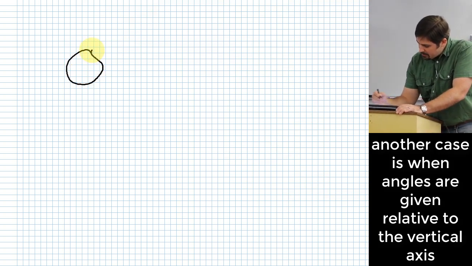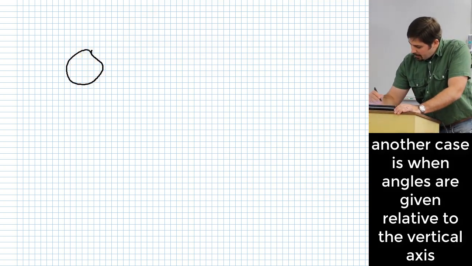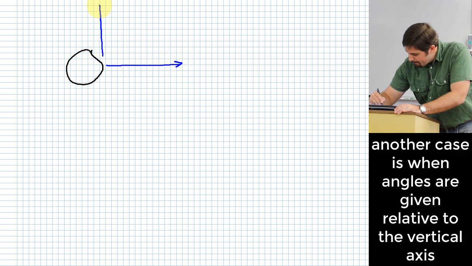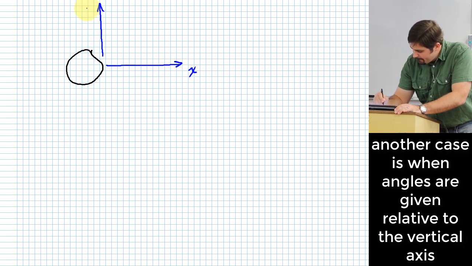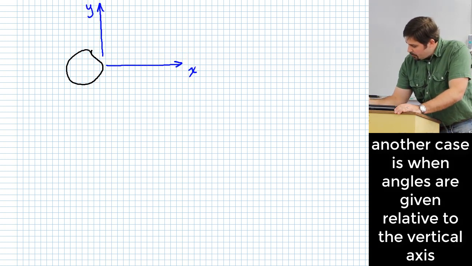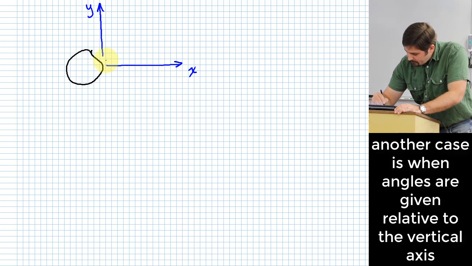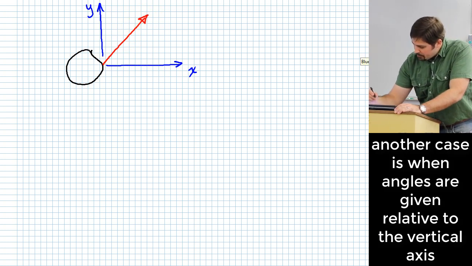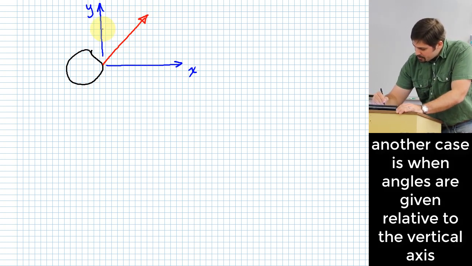So again, you have some kind of an object. That object, let's say we've established a reference frame, and then we show a force that's acting on that object, and we're given the angle measurement for that force. We're given that angle measurement relative to the y direction.